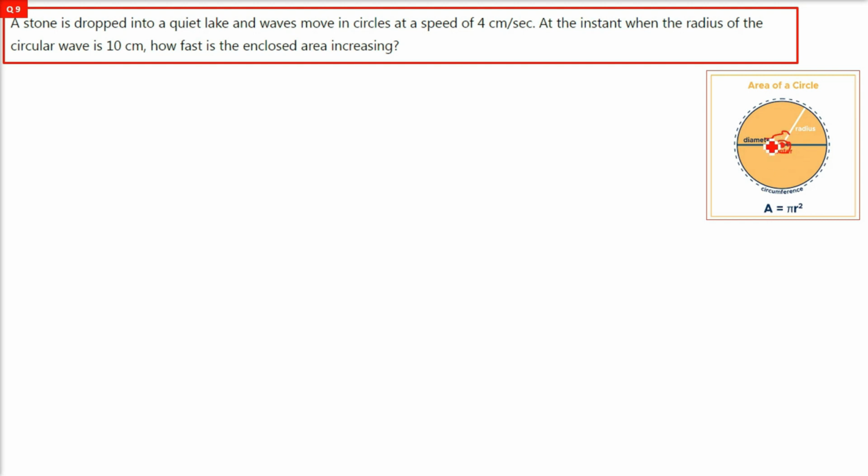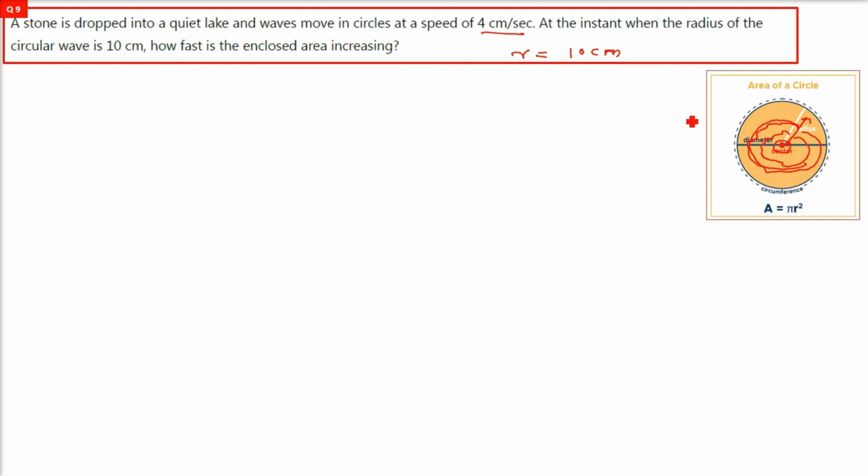When you put some stone or make some movement, these are concentric circles. Waves always are found in concentric circles in this case. So dr by dt, always in the radial direction, the waves move away from the center. So dr by dt is already given as 4 cm per second. The radius at which we have to find the answer is 10 cm.